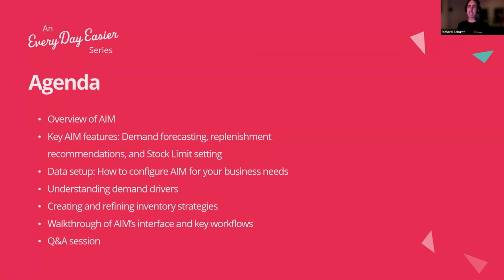It will just be a bit of an overview as to what we're going to be covering. AIM is a fairly involved system, so it actually will be 2 sessions. We'll have another session in a couple of weeks. So we're really just going to focus on some of the insights and really the modeling process, because that's an existing workflow within Unleashed that we can really augment by using Advanced Inventory Manager.